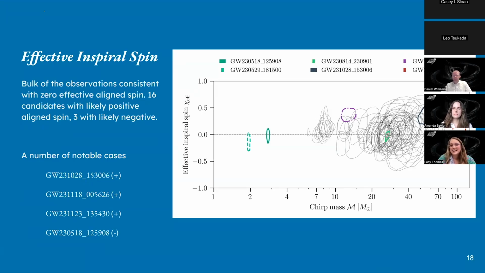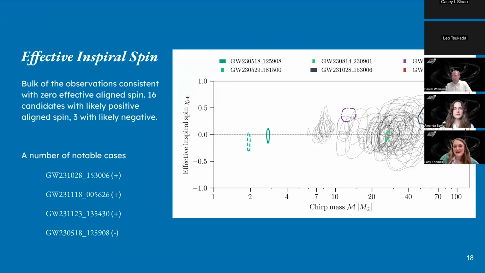We have 16 candidates that are likely positive aligned spin, that their chi-effective is greater than 0 at 90% probability. And we also have 3 candidates for which the chi-effective is likely negative, so it's below 0 at 90% probability. And we've highlighted on the plot some notable cases, but just to point out a few of my favorites, we have 231028, which Amanda said was the highest spinning event in our catalog, 231118 and 231123.